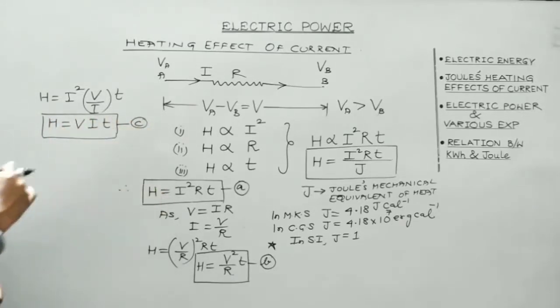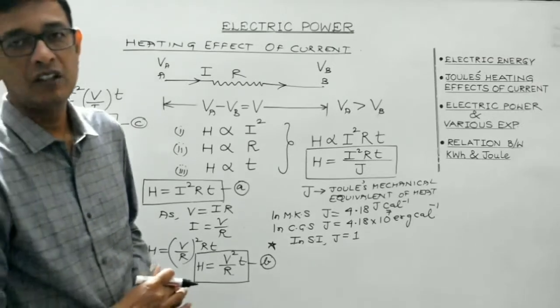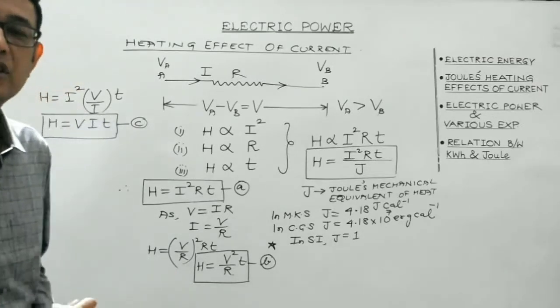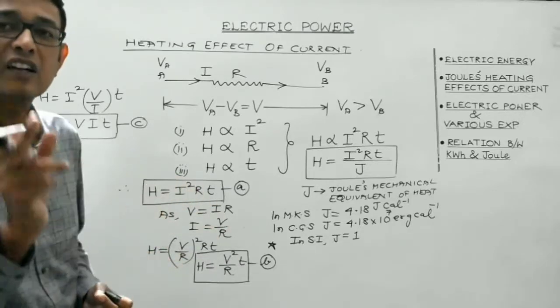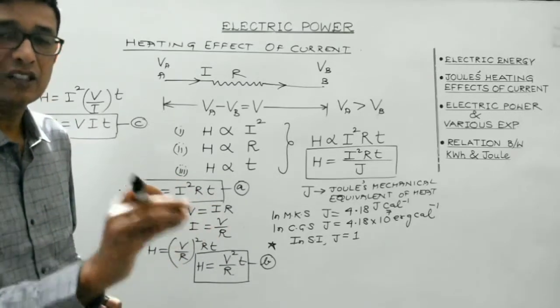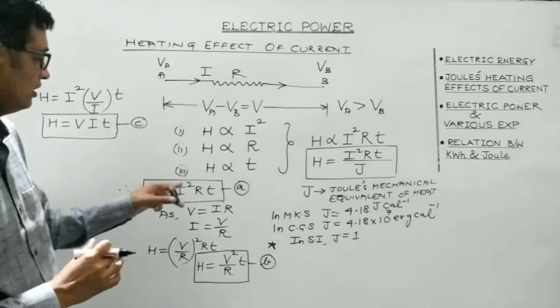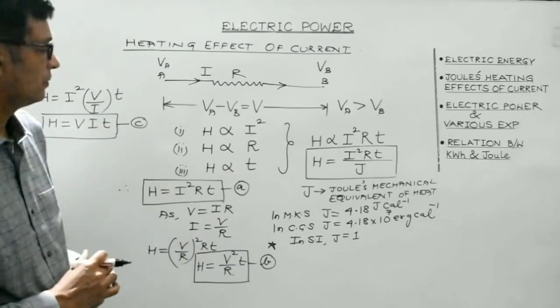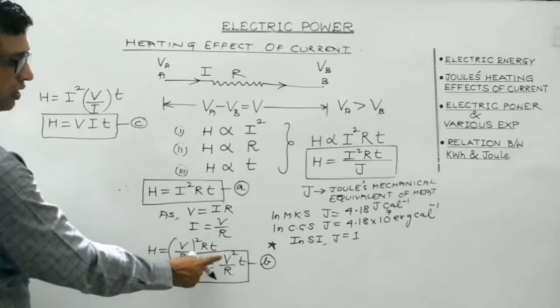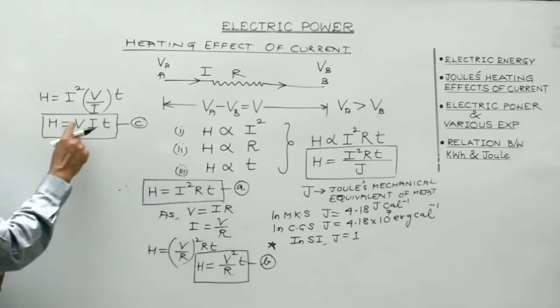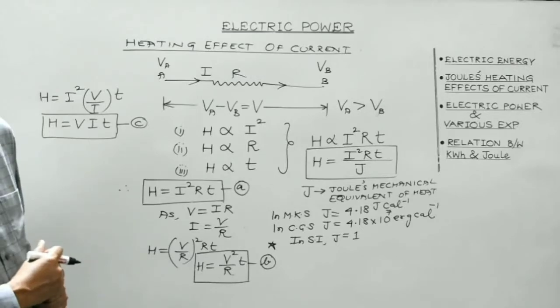So students, these are the various expressions for the amount of heat produced throughout the length of the conductor when current is passed through the conductor for a finite time. One is H equals I square RT, the second is H equals V square by R into T, and the third is H equals VIT.